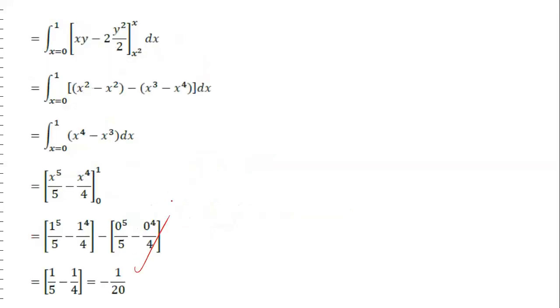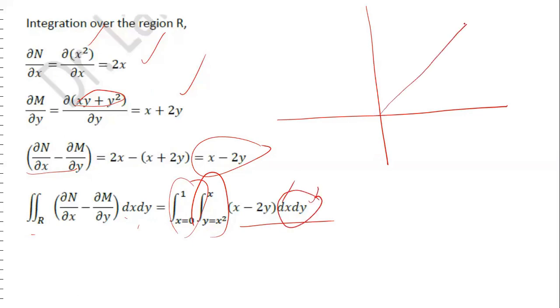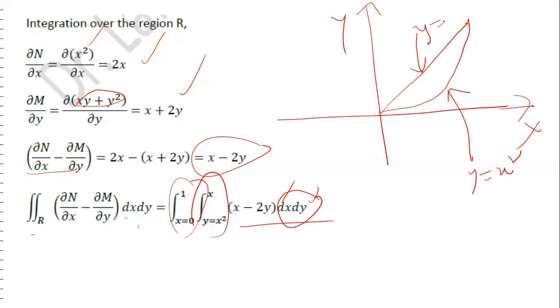The reason we integrate over this is that you are going to perform integration with x and y. This axis is y, this is your x axis, and this curve is defined by y equal to x squared, and this line is defined by y equal to x.